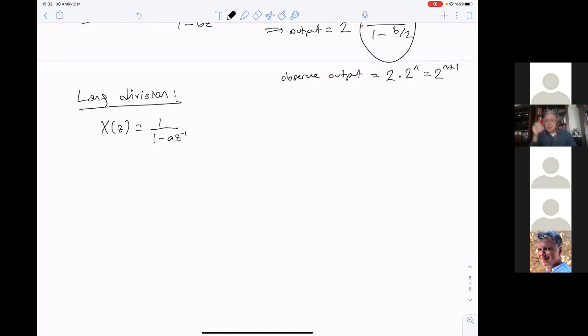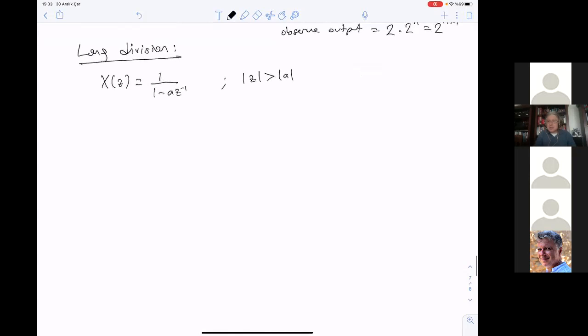It was a to the n u of n, of course, if Z is greater than a in magnitude, which is the right-hand sided solution. So there can be a left-hand sided solution, but suppose that it's the right-hand sided solution, then how do we make this division? We do this division by literally division.